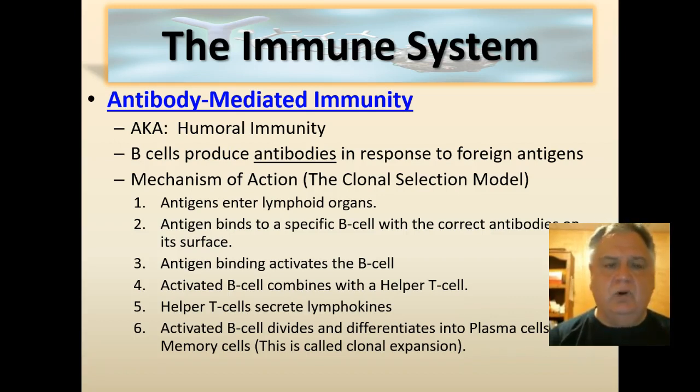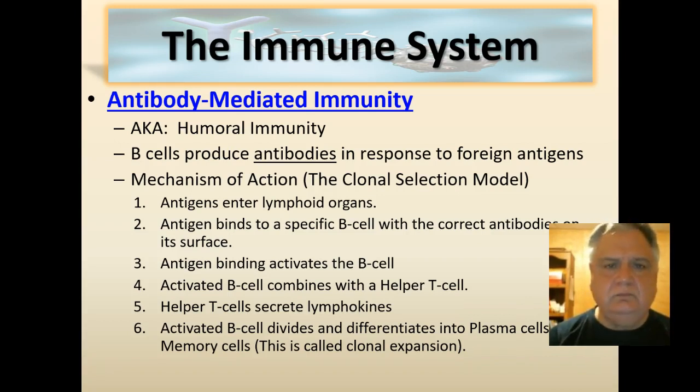So what will happen is the B cell will bind to the helper T cell. The helper T cell will release cytokines. The cytokines will stimulate the B cell to undergo rapid mitotic division. By the way, that would be called clonal expansion because each of the daughter cells are really clones of that original B cell that docked to the T cell. And again, you'll see that in the video.